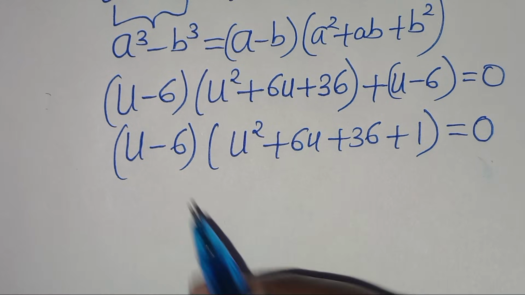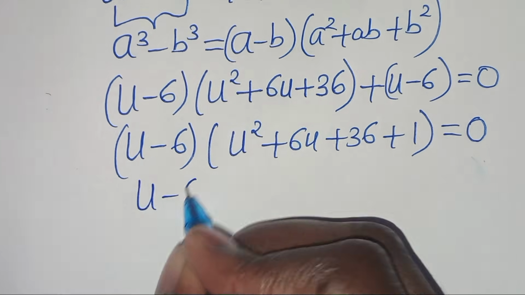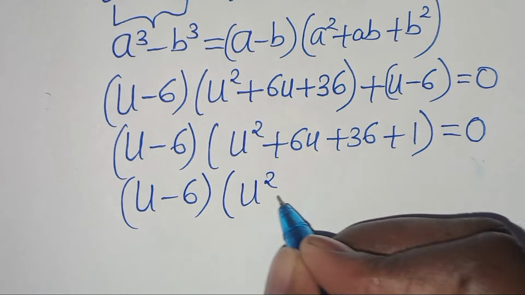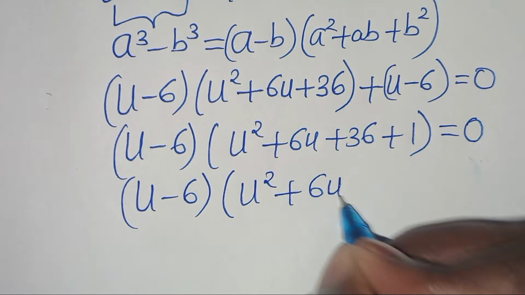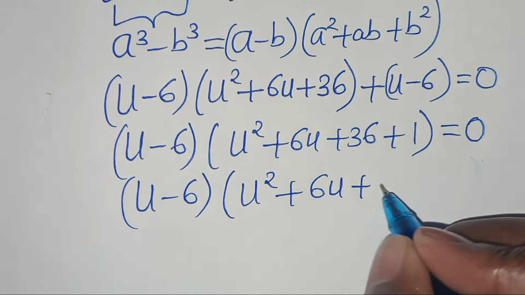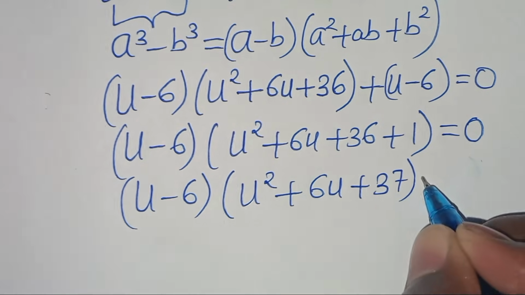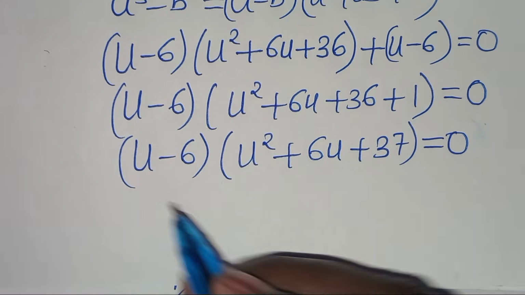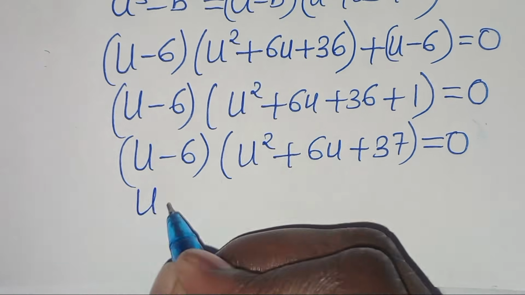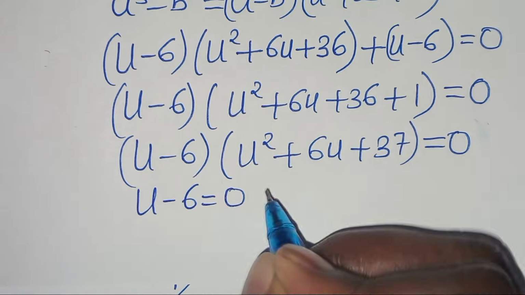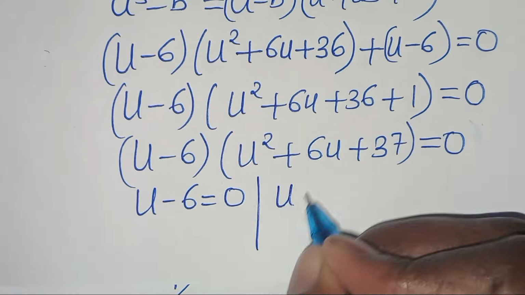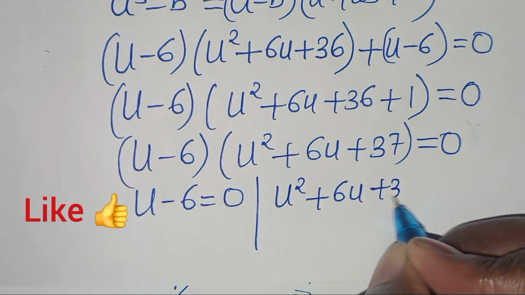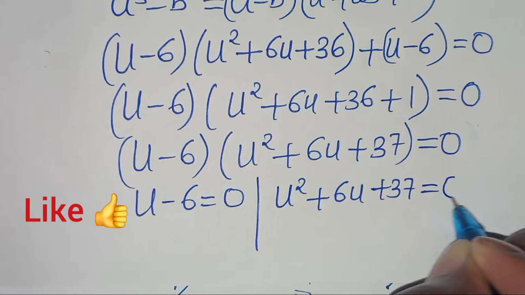Now we have u minus 6 times u squared plus 6u plus 36 plus 1, which is 37, equal to 0. We have got two parts here. We have u minus 6 equal to 0, and we have u squared plus 6u plus 37 equal to 0.